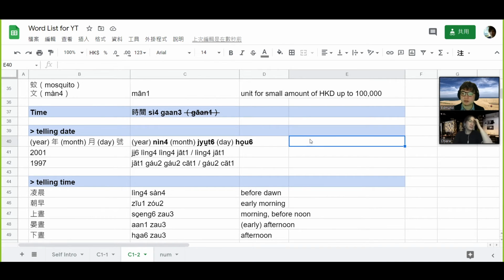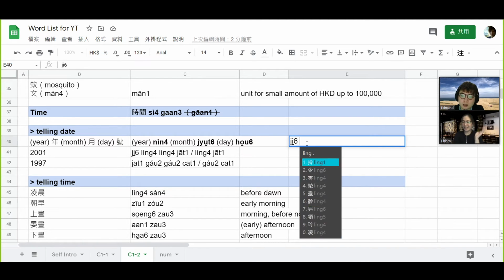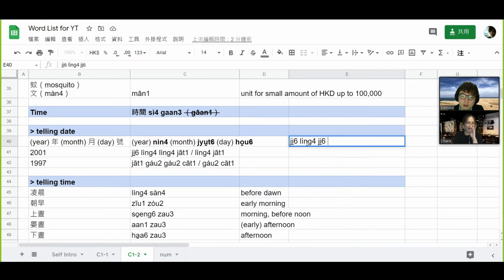It's March 4. So you say the year first. 2021年. Then 3月.